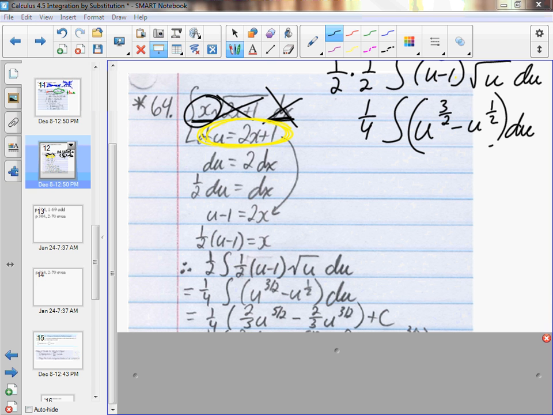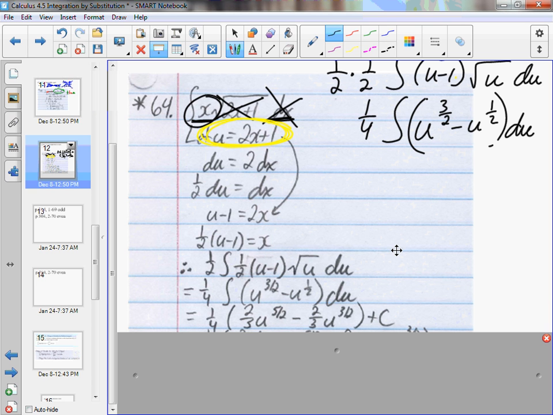All right, so we've still got quite a bit of work to do because we need to change the u back to 2x plus 1, and then we need to decide, because usually when we start in radical notation, we prefer to end in radical notation.